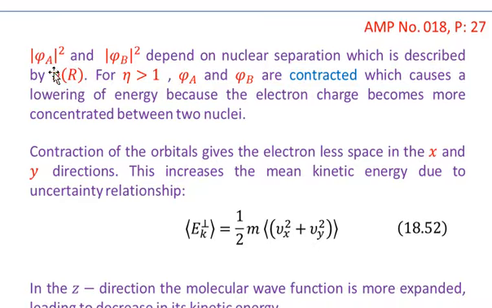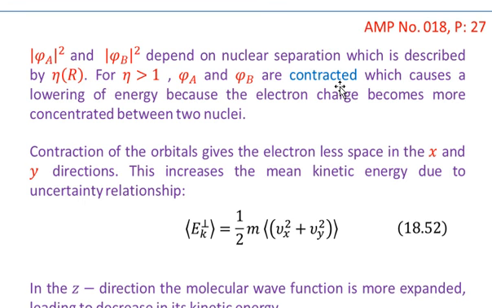The absolute square of phi a and the absolute square of phi b depend on the nuclear separation, which is described by eta of r. For eta greater than 1, phi a and phi b are contracted.